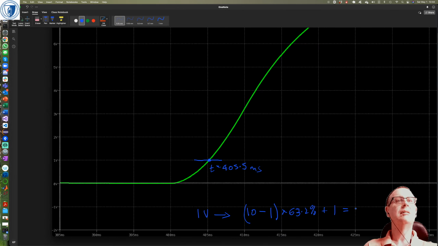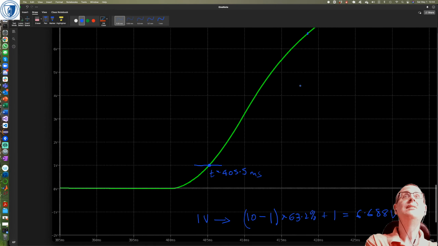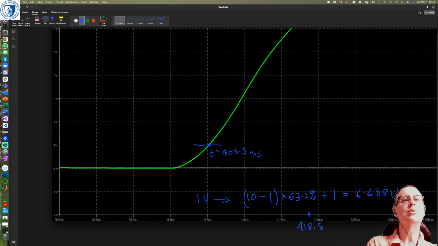So let's scroll up and see if we can figure out where it's 6.688. Maybe it's about there. So then we can come down and figure out where that is. So it's about there, maybe. So that's at about 418 and a bit, let's just say 418.5 milliseconds.